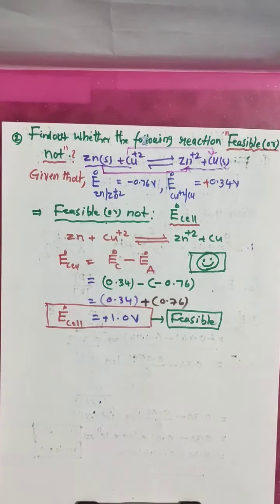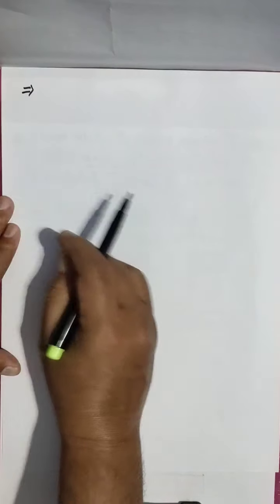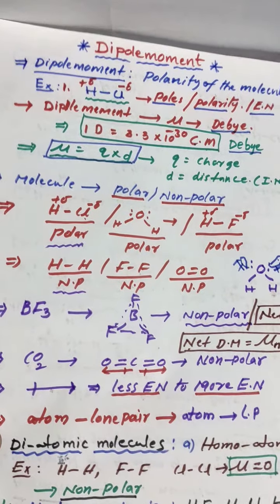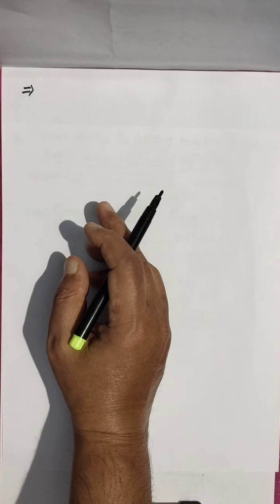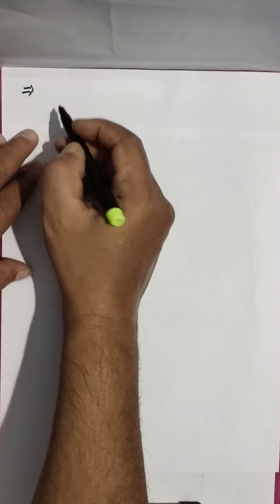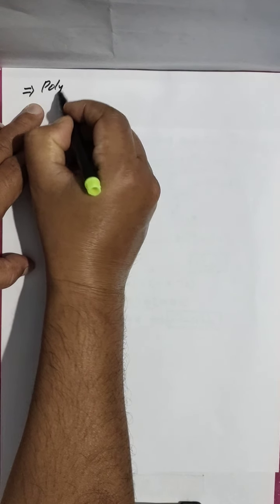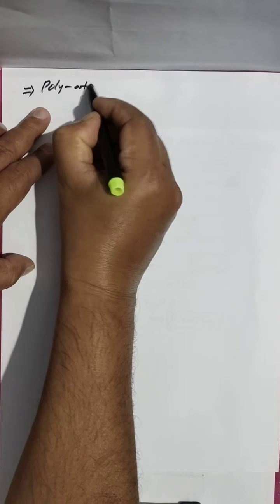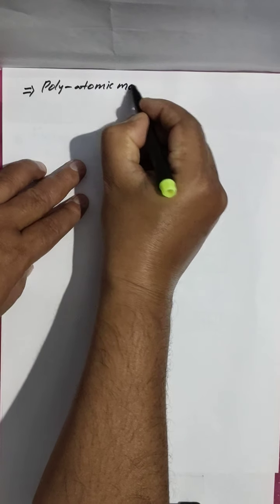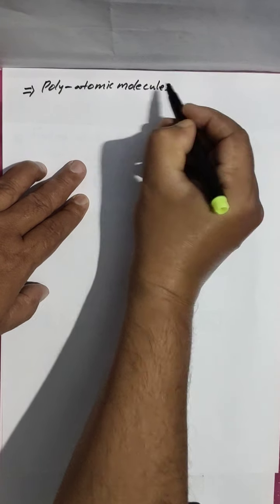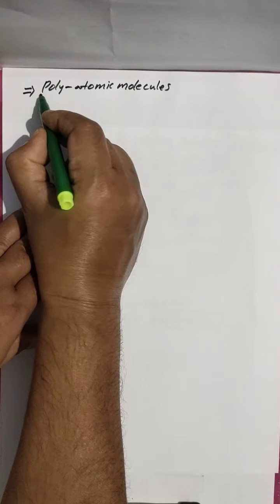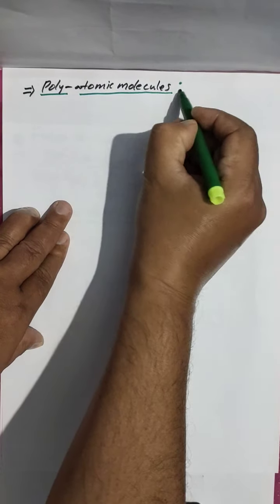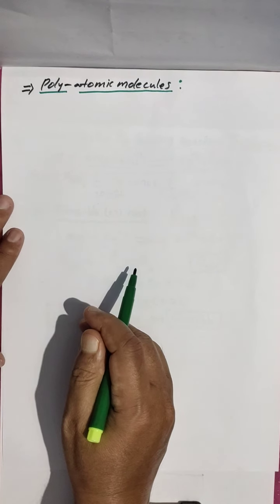Look here. I am taking different molecules now. I explained diatomic, that is homo and hetero. Now I am taking polyatomic molecules. In polyatomic molecules, how will dipole moment be addressed, and how are these polar and non-polar?